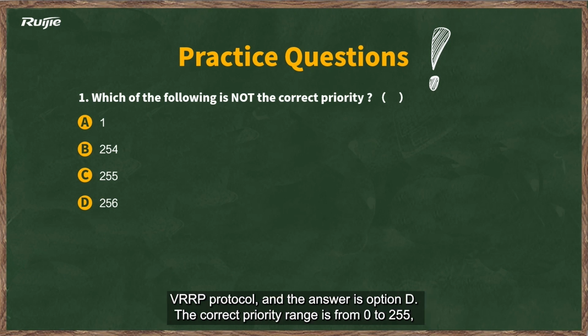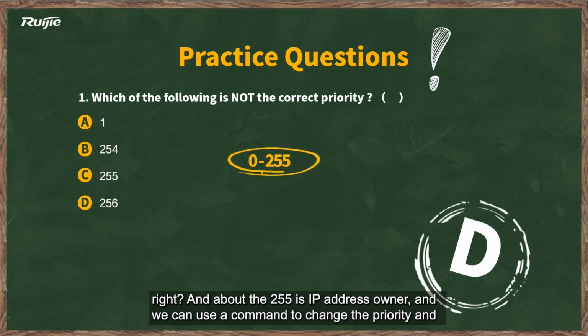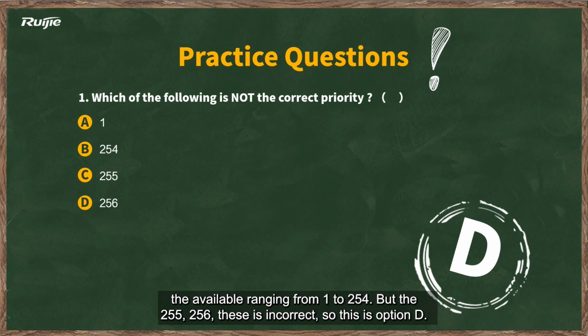And the answer is option D. The priority range is from 0 to 255, and 255 is for the IP address owner. We can use a command to change the priority, and the available range is from 1 to 254. But 255.6 is not correct. So this is option D.